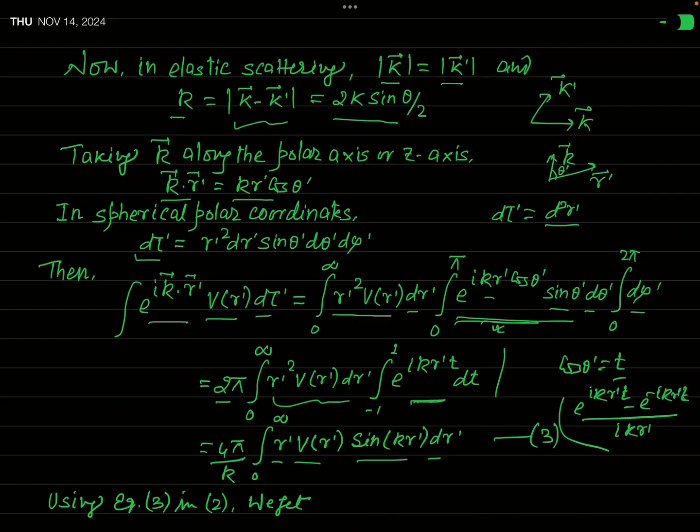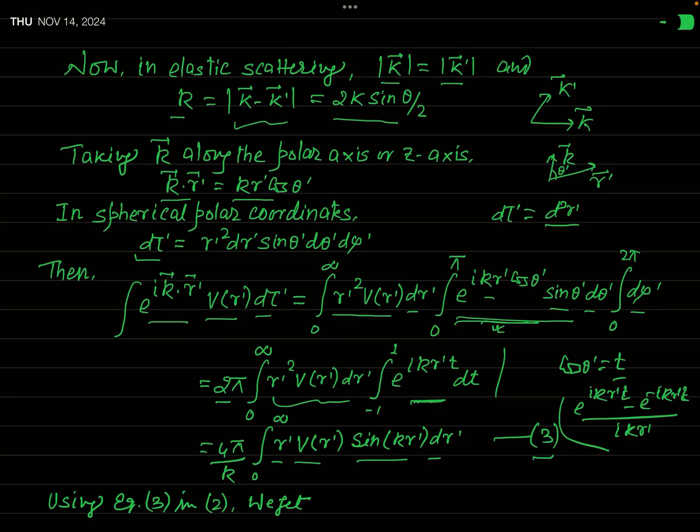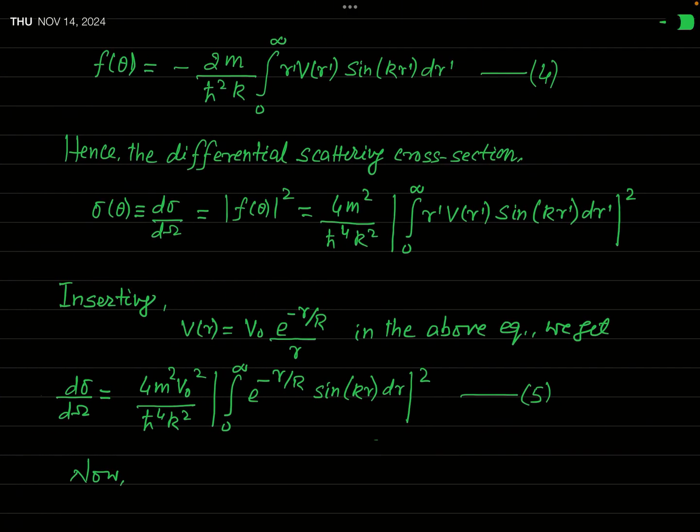Okay. Now we will use this value of integral which we have obtained in this equation 3 in this equation 2, which defines the scattering amplitude in Born approximation. So now you can see the scattering amplitude actually is only a function of theta, not of phi. In general, it may be a function of phi. So previously I have written the symbol f of theta and phi.